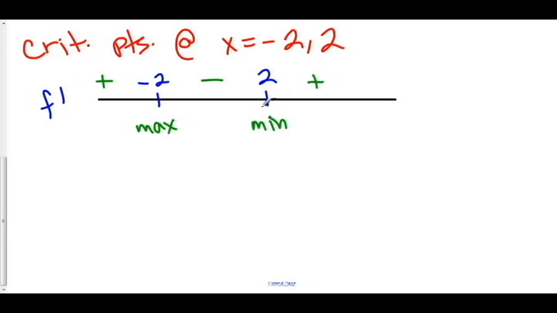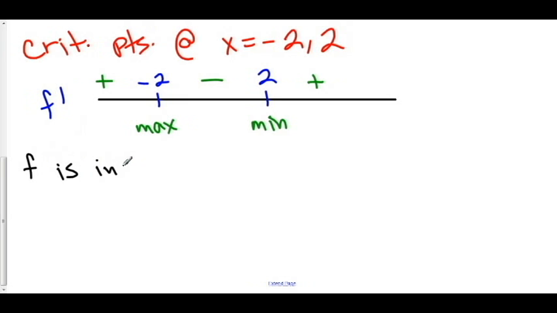Not only that, but this graph right here also tells us where f is increasing and decreasing. Remember that f increases when f prime is positive, and that f decreases when f prime is negative. So, let's actually write out our analysis.